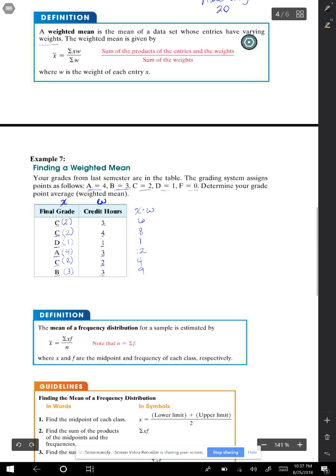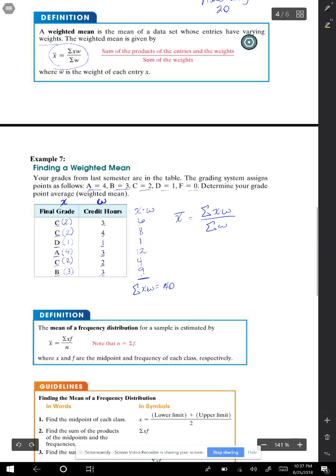And then based on this formula up here, the sample mean would be the sum of the X times W's divided by the sum of the W's. So if we add these up, 6 plus 8 plus 1 plus 12 plus 4 plus 9, our sum of X times W is equal to 40.